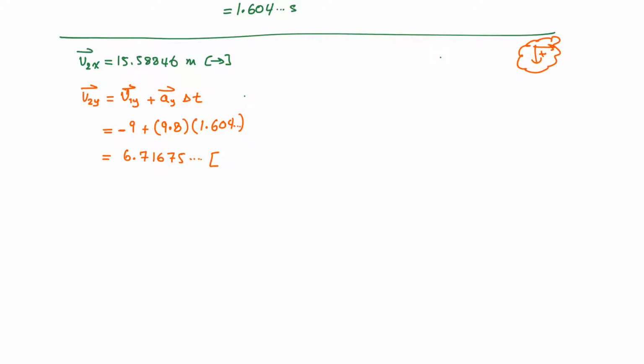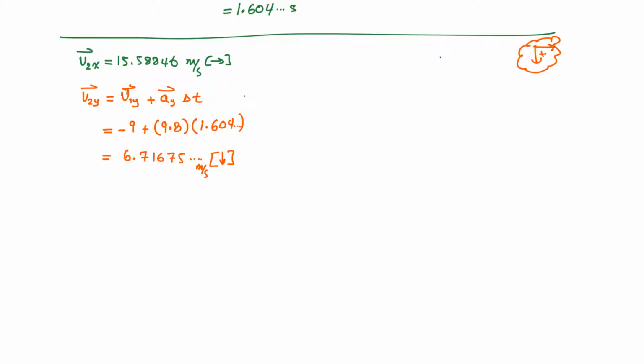The direction for this is, since this is positive, and in my coordinate system positive is moving down, therefore this is also going down, and that's the speed, meters per second. And I should fix this unit as well, and this is also meters per second.